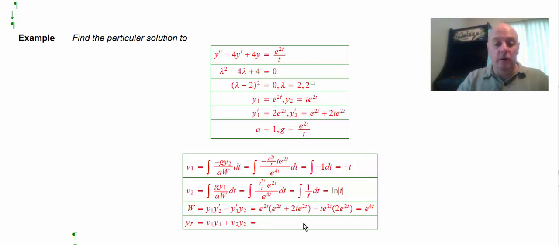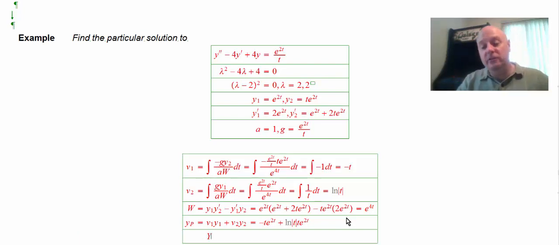So now I've got the v1 and v2, so my particular solution is going to be v1 y1 plus v2 y2. There's my particular solution. I can add it to the homogeneous solution.